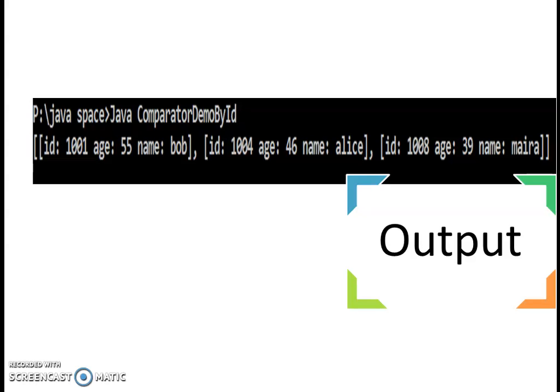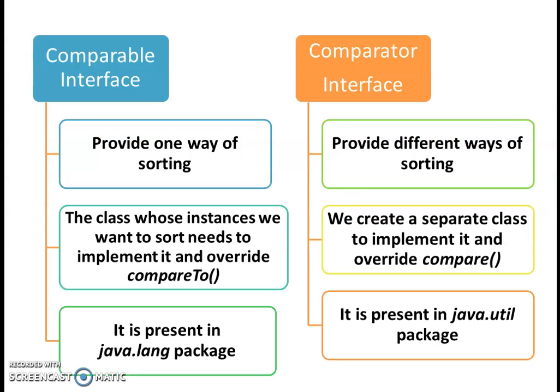Now we can distinguish between comparator and comparable interface. So comparable interface provides one way of sorting, because we have class that implements comparable interface, and we can provide only one way of sorting inside compareTo method. But in case of comparator interface we can provide different ways of sorting, because we have number of classes that can implement comparator, and according to our logic we can provide different ways of sorting. In case of comparable, the class whose instance we want to sort needs to implement it and override compareTo, as we have seen.